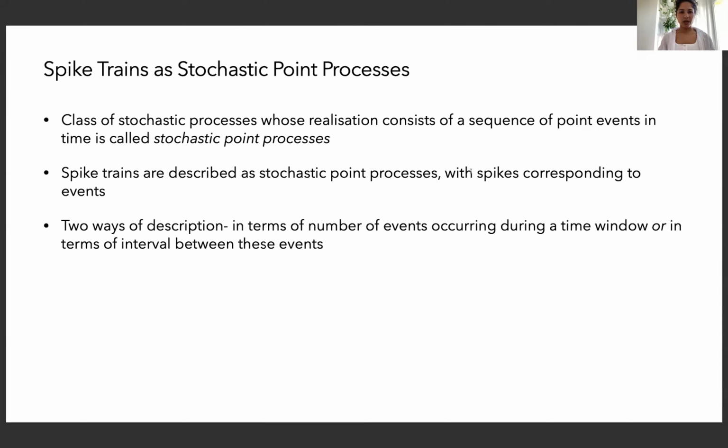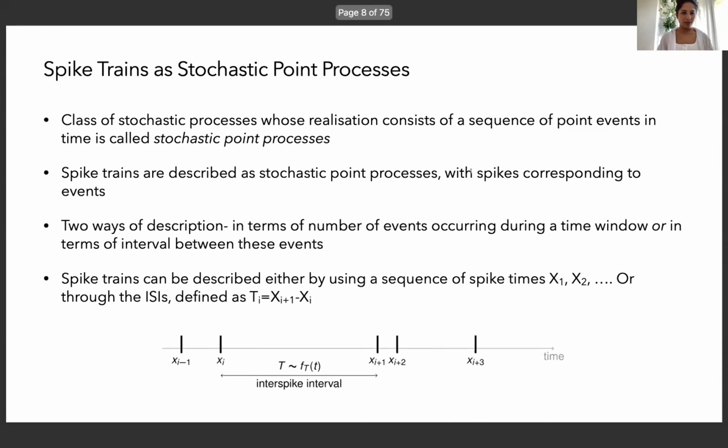So for any stochastic point process, there are 2 ways of describing it. We can describe it in terms of the number of events occurring during a time window, how many events occurred in a particular time window, or in terms of the interval between these occurring events. So consequently, to describe a spike train, we can also use these 2 different ways of description.